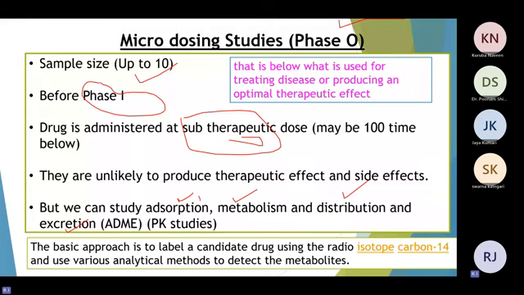So it's good that we test the drug in 5 or 6 people, and we give the drug at a subtherapeutic dose, so the subject will not have any side effects, and we can determine the PK and PD also. So this is a good way to determine the actual pharmacokinetic property of a drug before going ahead with phase 1.